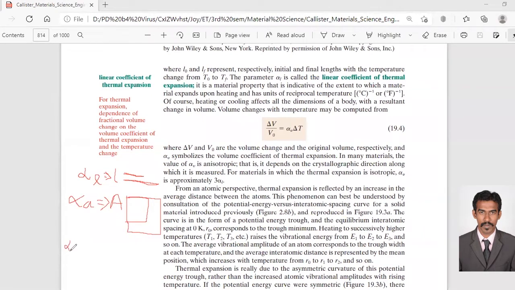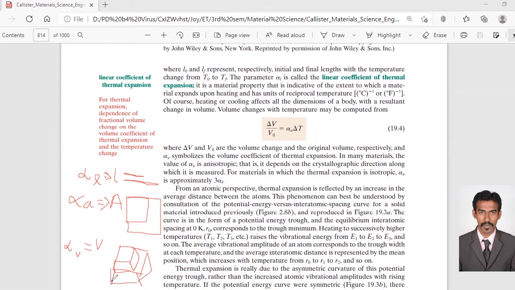Then we have alpha V also, the volumetric coefficient, which shows the change in the volume, from the initial volume to the final volume. These figures are not that good, but you can just imagine.